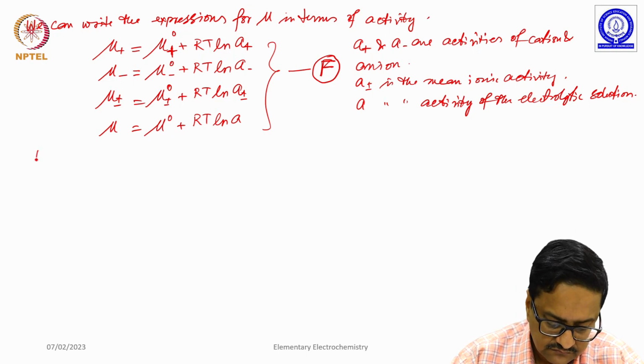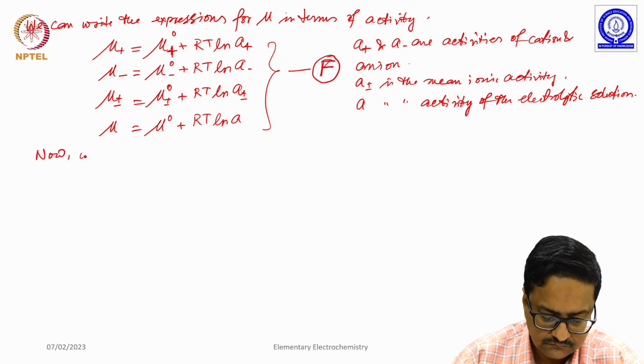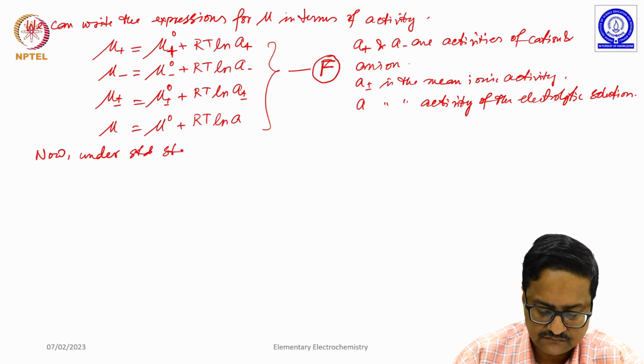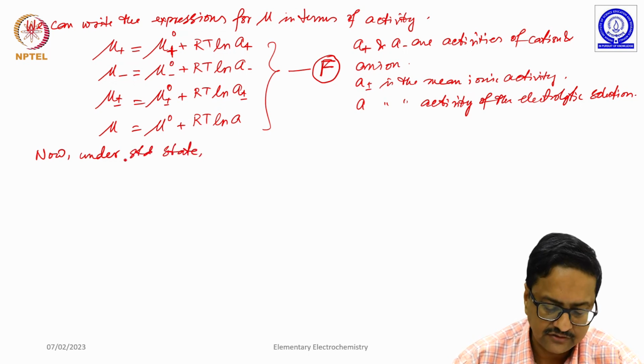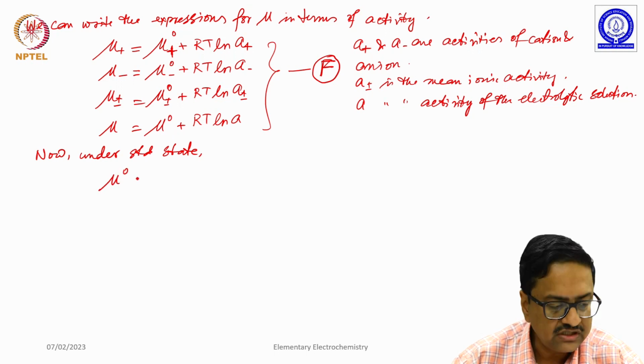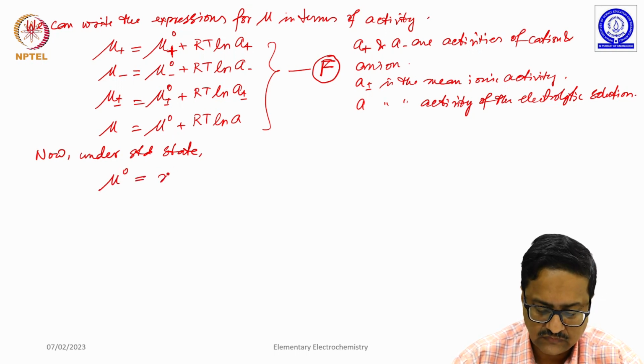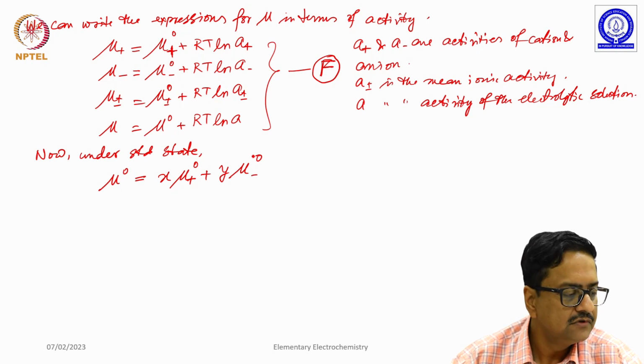So now, under standard state, we can also write that mu 0 is equal to x mu plus 0 plus y mu minus 0.